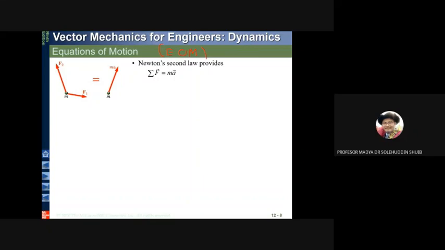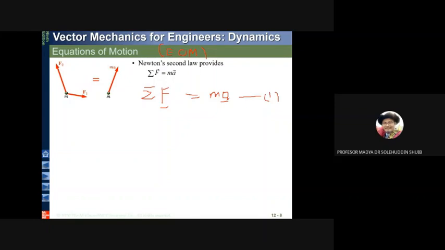By definition, Newton's second law, that we defined earlier, we have summation of force equal to mass times acceleration. I name this equation.